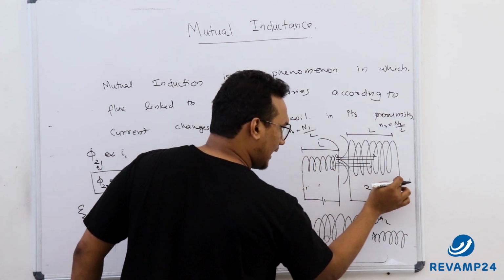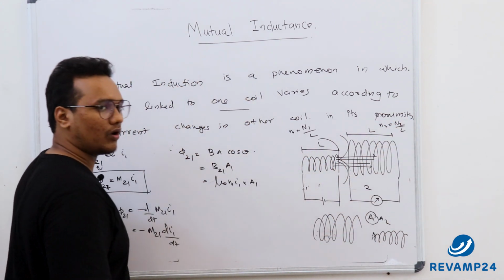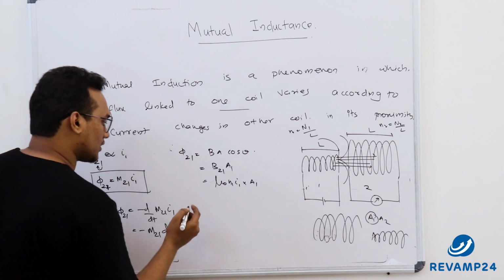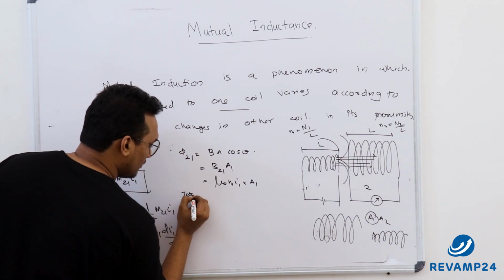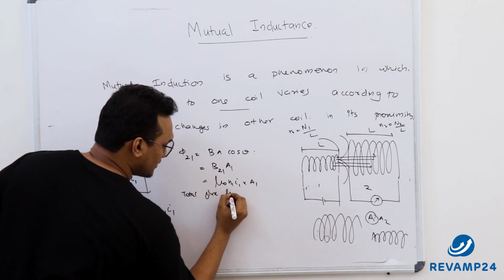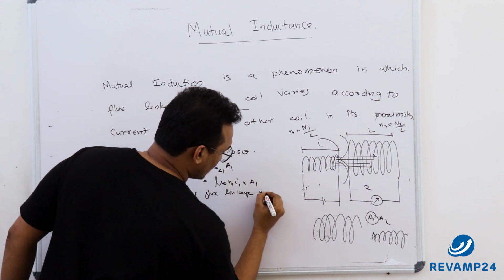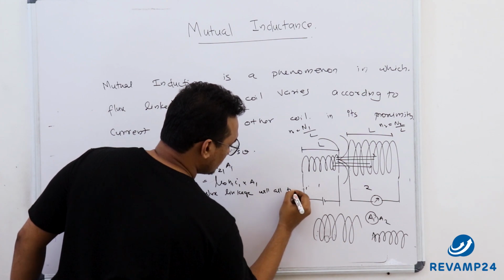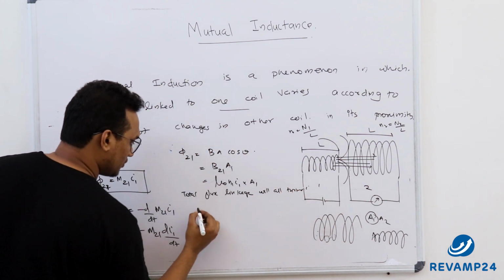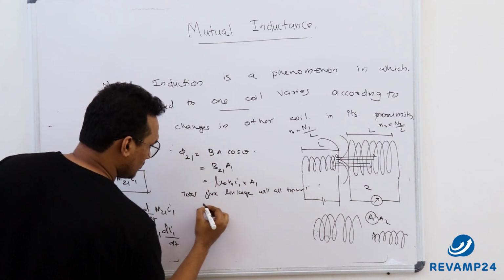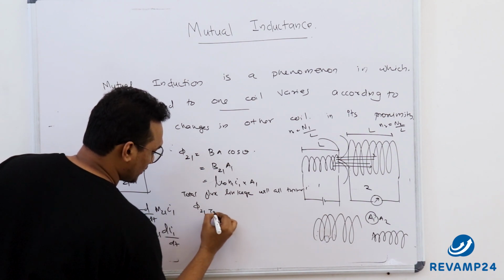Now if there are a total of N2 number of coils here, what will be the total flux linkage? Total flux linkage with all turns is equal to this into N2.